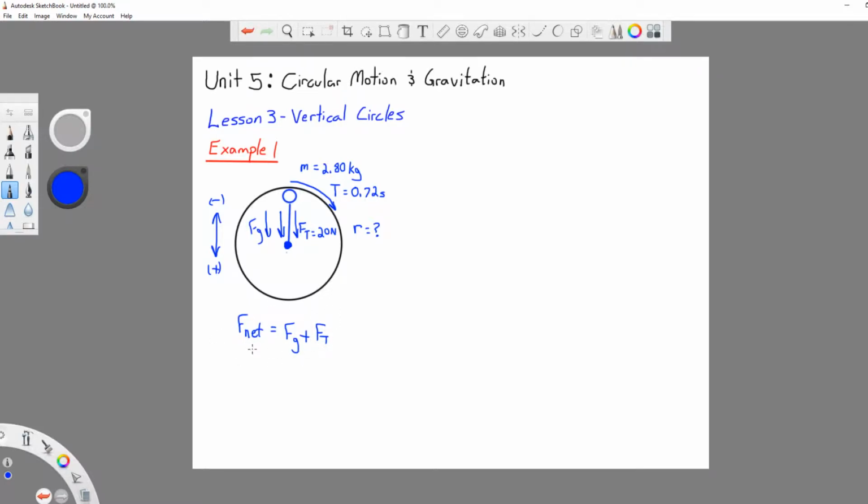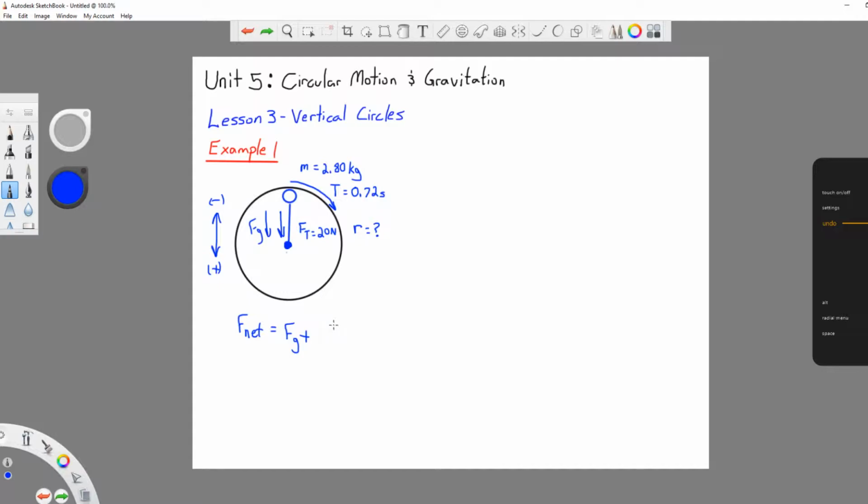And when we rearrange this, we end up getting force of tension is equal to F net minus the force of gravity. And so really the gravity here is adding at the bottom and being subtracted at the top. That is why the tension force feels less when this object's at the top.